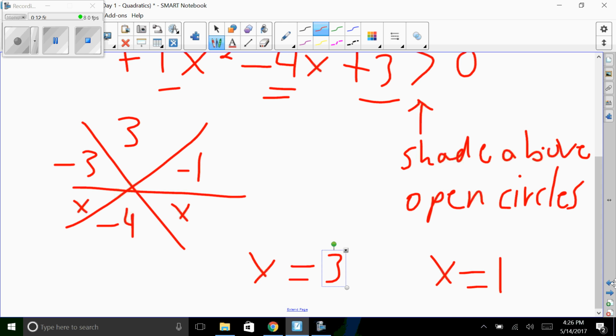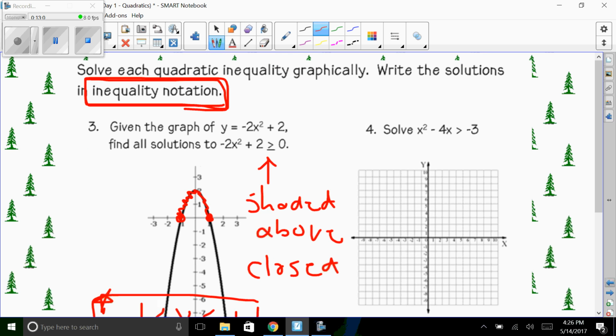Okay, so I'm going to come back over here, and we said that it was going to open up. My x-intercepts are at 1 and 3. So it's going to open up. I'm going to shade above.